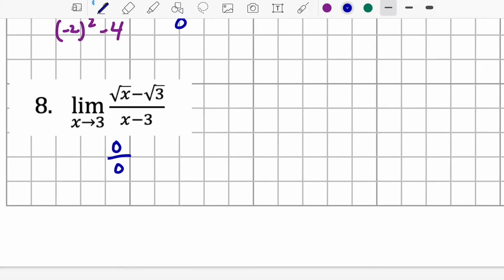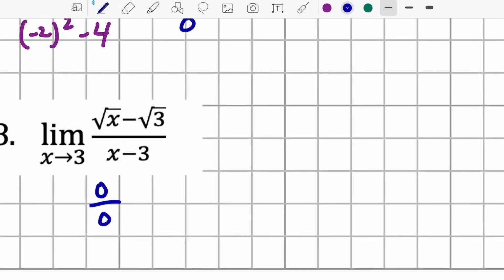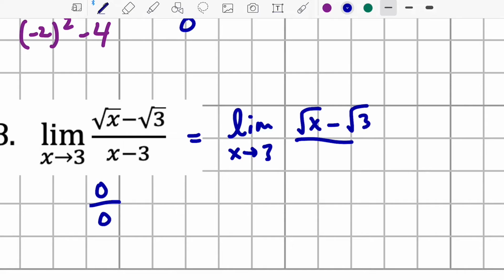Now in this situation, I don't see a difference of two squares. What I do see is square roots. So what I'm going to do is I'm going to keep the limit sign. And this is another way of manipulating a 0 over 0 indeterminate form. If you have radicals, you want to multiply the numerator and denominator by the conjugate.